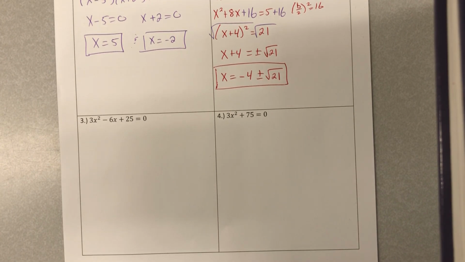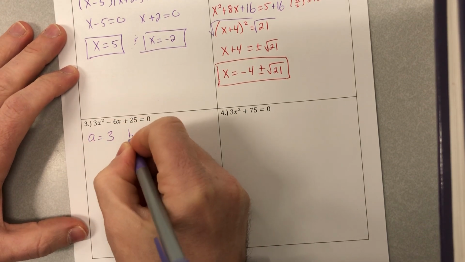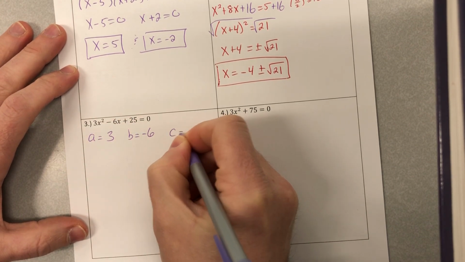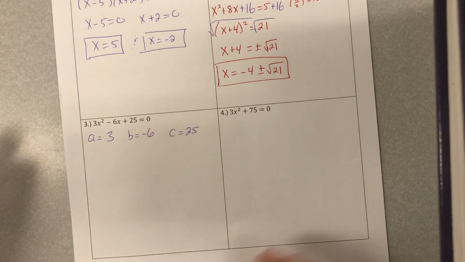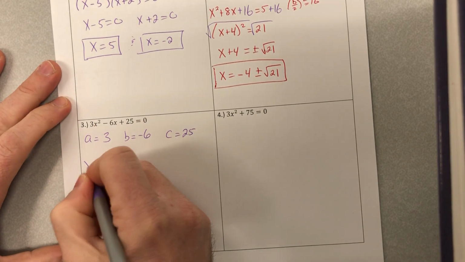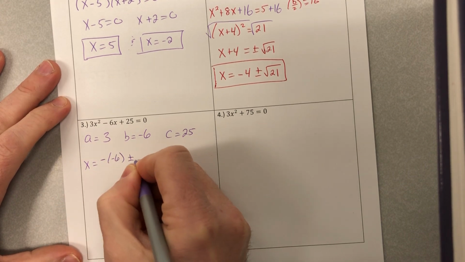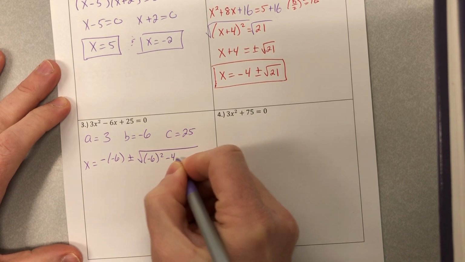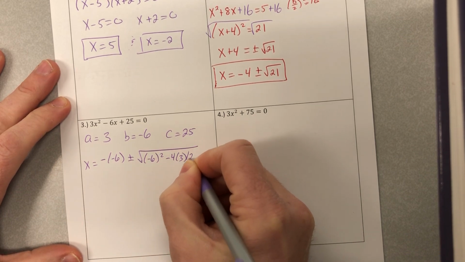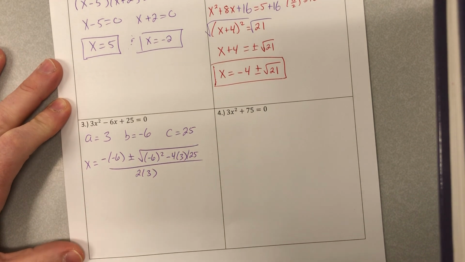When we use the quadratic formula, we would say our a is 3, our b is negative 6, and our c is 25. When we go through and solve this, we would now say x equals the opposite of b, plus or minus the square root of b squared minus 4ac, all over 2a.